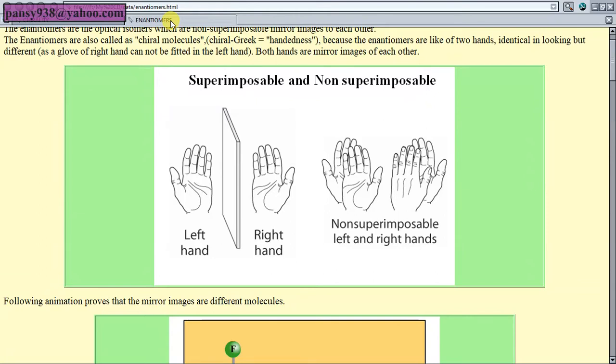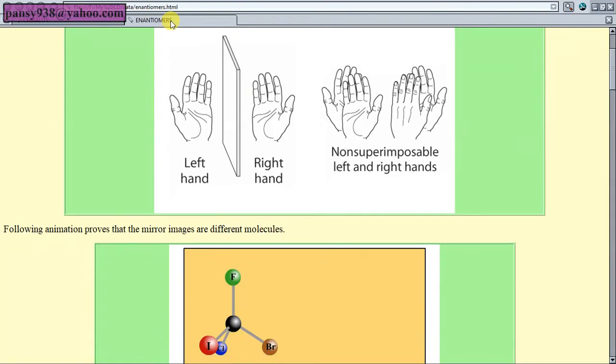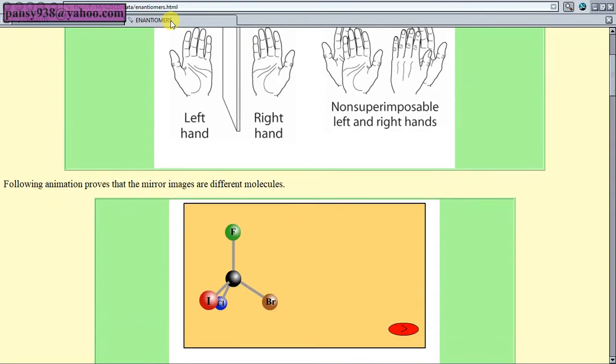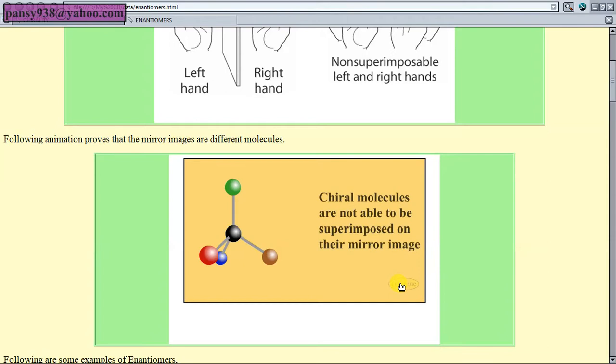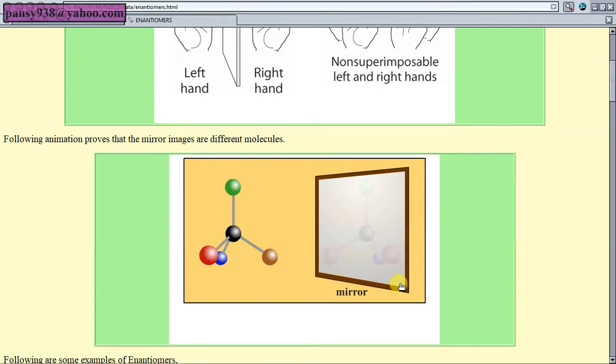Here is an example that proves that there are molecules which are mirror images of each other, but they are not identical. So see this animation. You see the molecule and its mirror image.